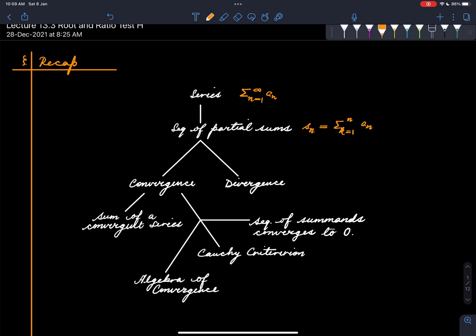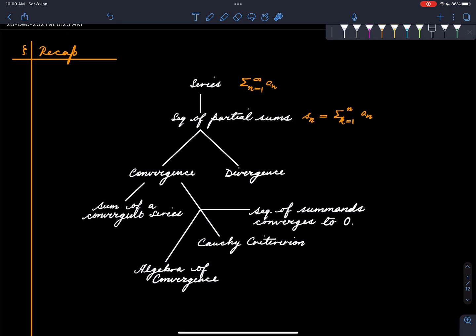And then once we have these two definitions, we can define what it means for a series to converge. We say that a series is convergent if the sequence of partial sums converges to something, and divergent if the sequence of partial sums diverges.